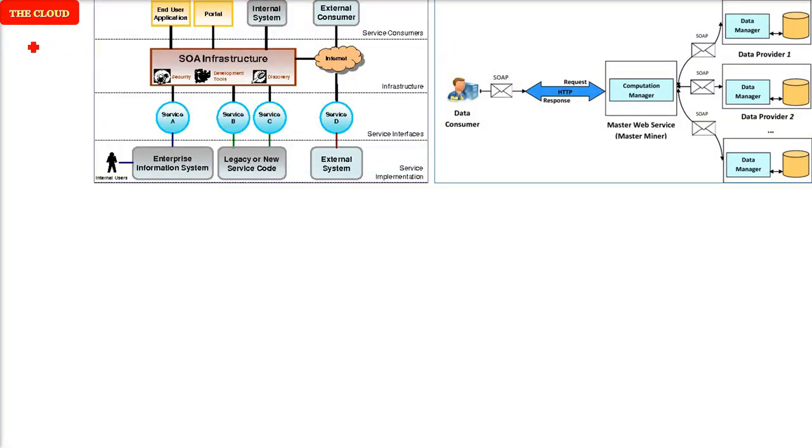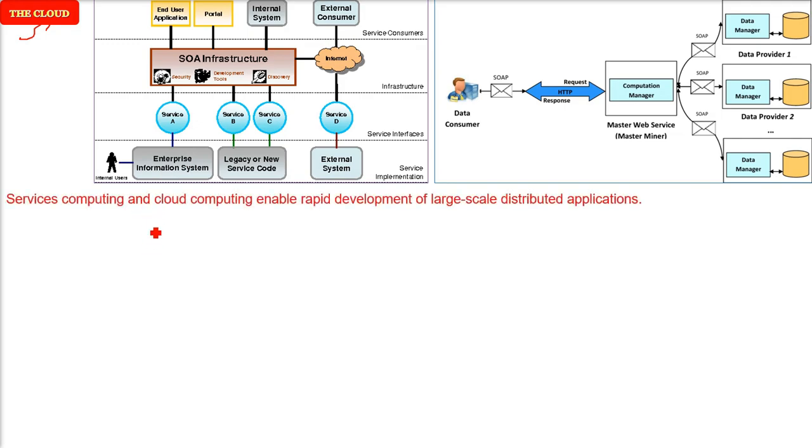Cloud computing. When the time has come, the things have changed now. For example, the service-oriented architecture when it came, and we have cloud computing. So service computing and cloud computing, these are very important to rapidly develop the mobile application, which are large-scale distributed applications.